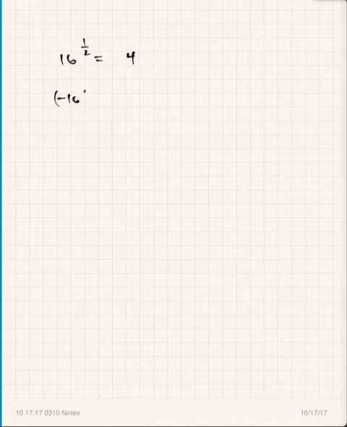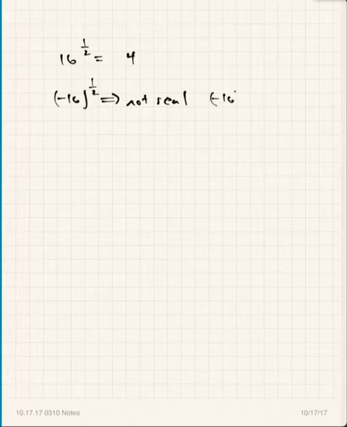Negative 16 to the 1/2 power, well, that's the square root, but it's the square root of a negative number, and so that would be not real, because you've got the square root of a negative number. And again, you could write it out as a square root if you want to, as a radical. That negative 16 to the 1/2 power really means the square root of negative 16. That's not real. There's no real number you can square to get negative 16.